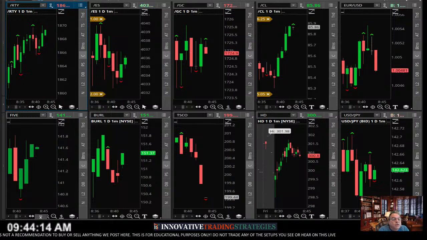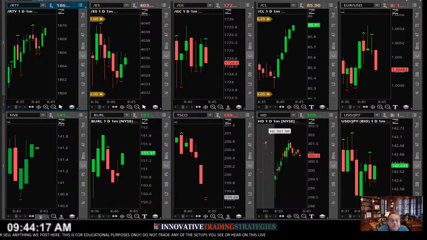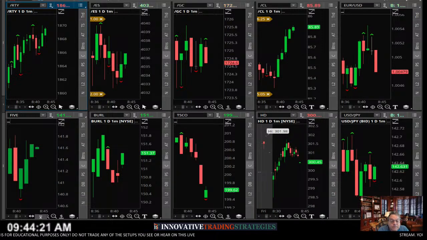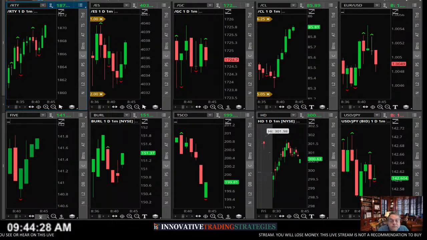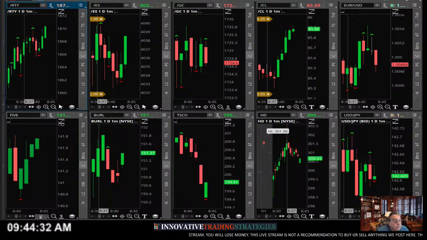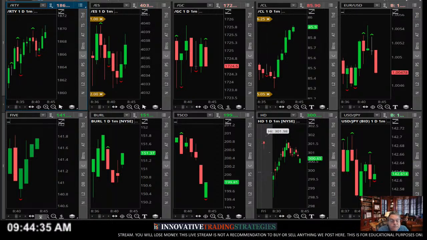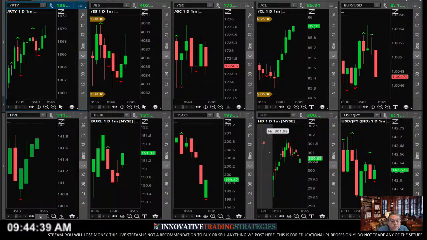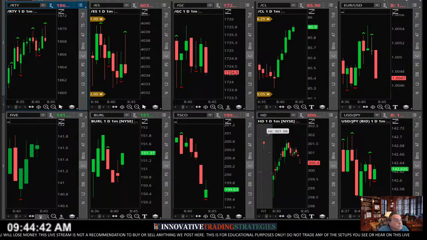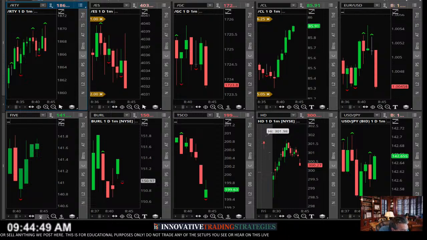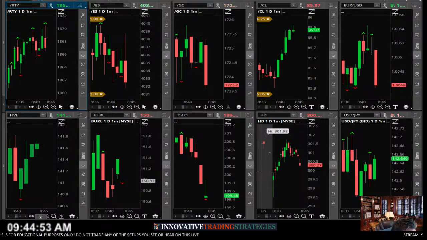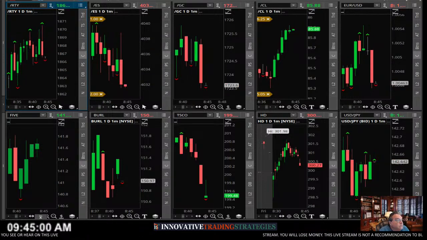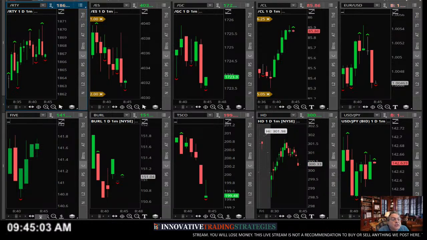Possible buy coming up on the US yen. Gonna watch this US yen. Okay, now we're getting a buy on the US yen.